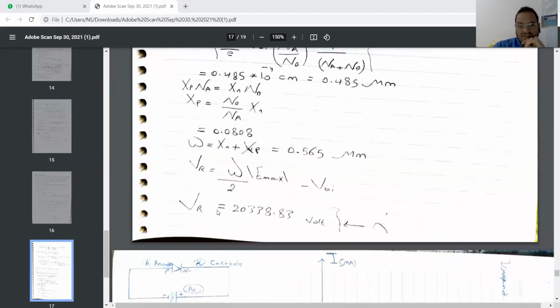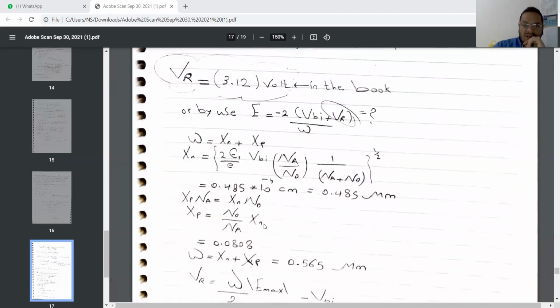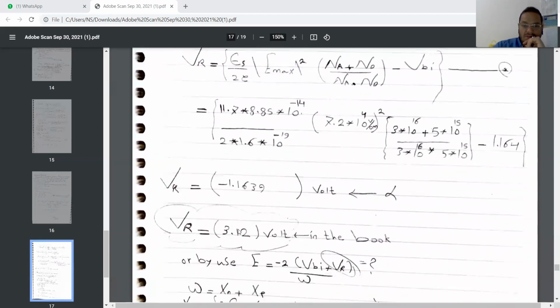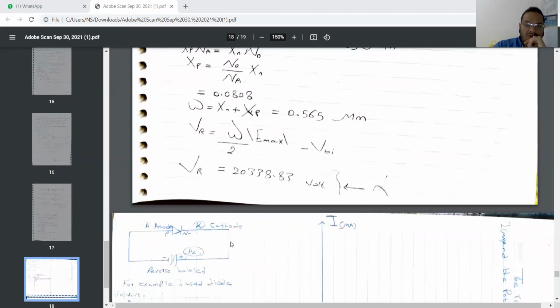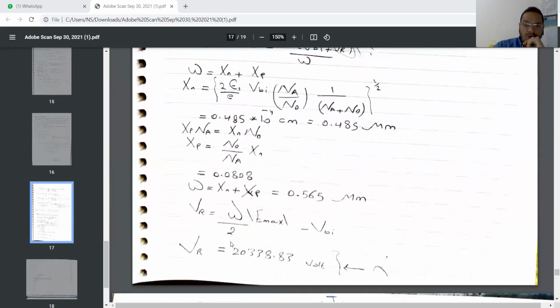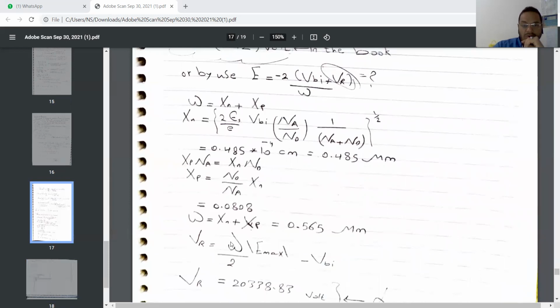But after that, my result was not appropriate because it's different from the author's result, which I think was 3.12 volts. If anyone can help me to calculate these two questions, I will be very happy.